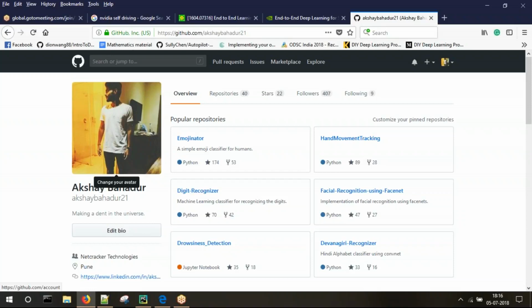Second, you don't need a lot of data to get good results. Even if you have 1 to 2 images per person, and you want to predict which person out of the 10 to 15% in your database I'm referring to, even if that person has only 1 or 2 images in the database, you will be able to recognize them very efficiently. These are some of the points that made sense to me.